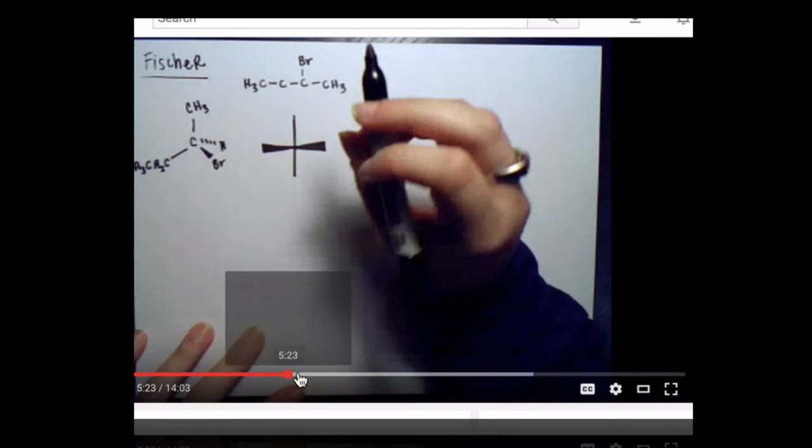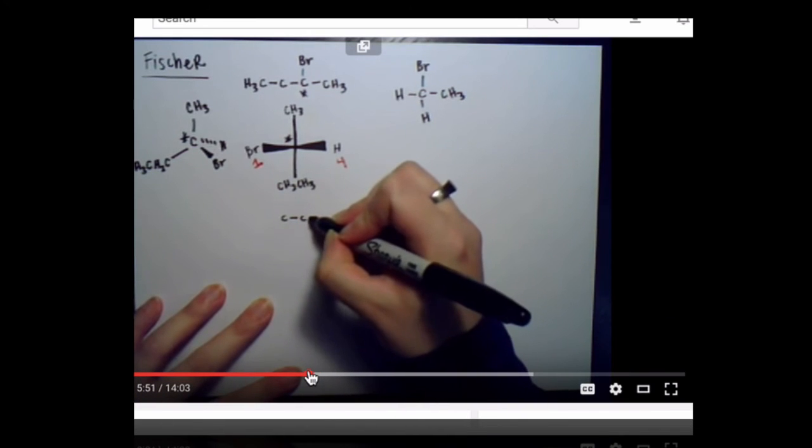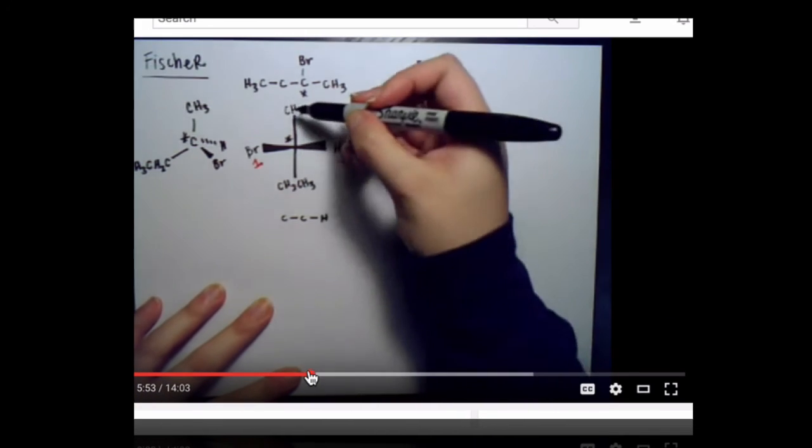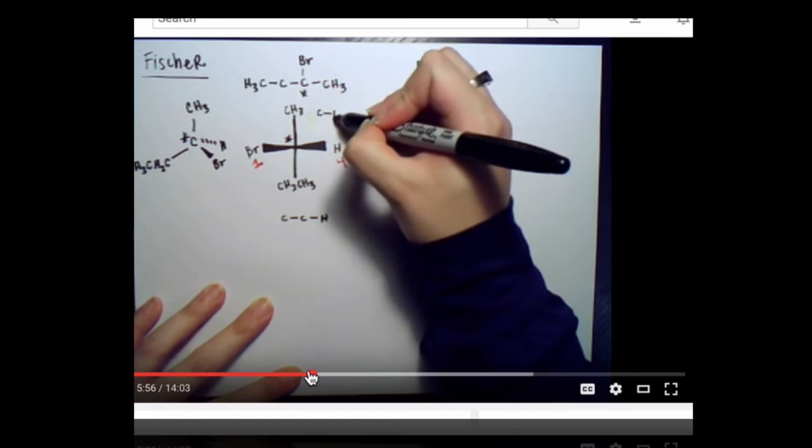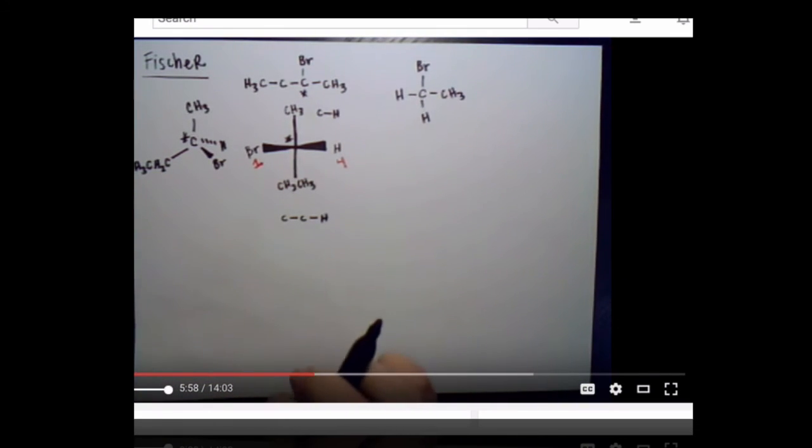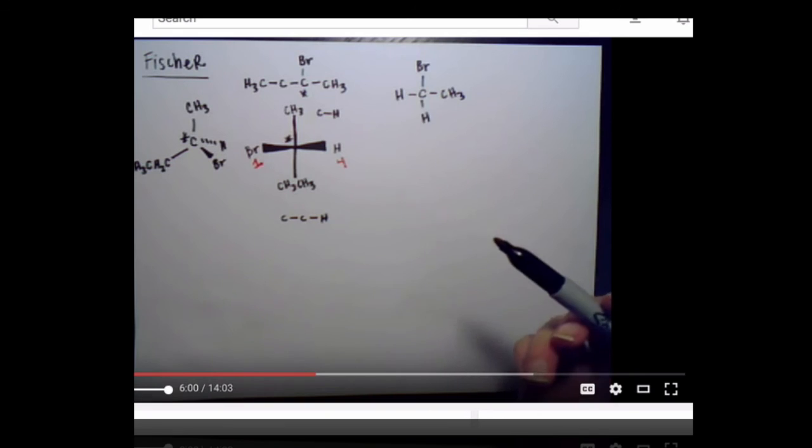And if I fast forward this, it will also show you how to determine the R and S configuration. So have a look at it. I'll post the link on Facebook in the comment section.